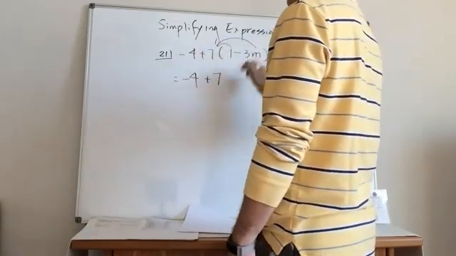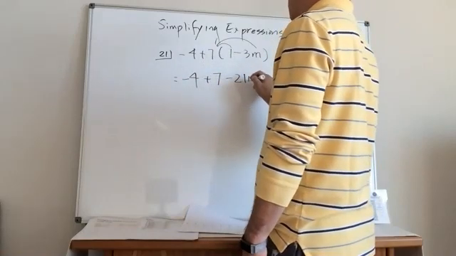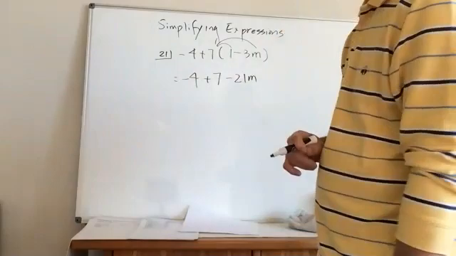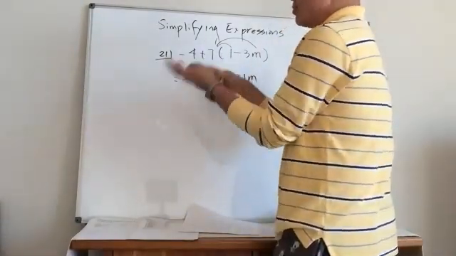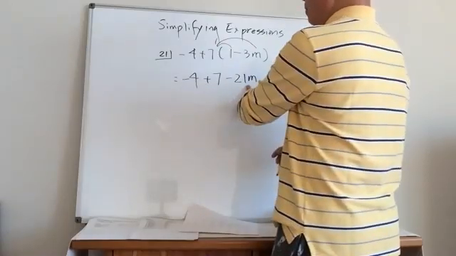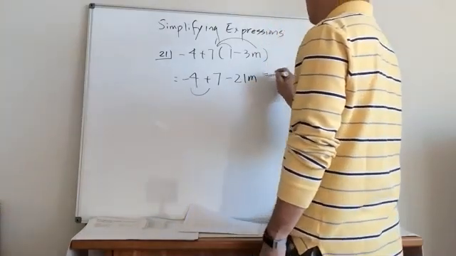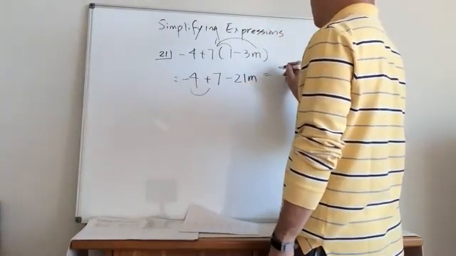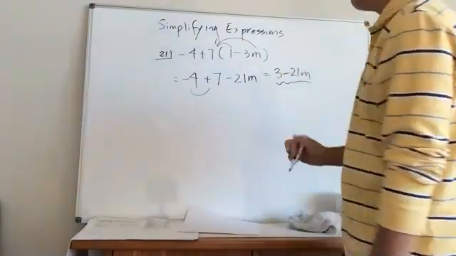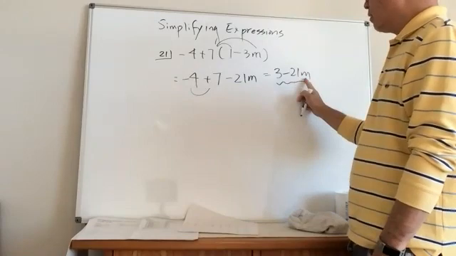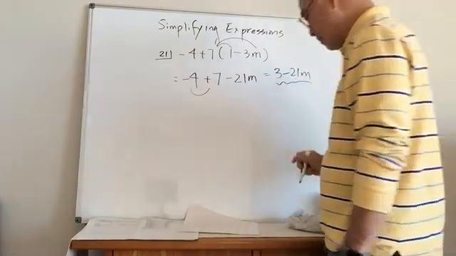I'm going to do 7 times -3m, so it'll be -21m. Now I can combine it, right? Now it becomes like the ones that I was doing before. This one has an m, these two not, so I can combine these two together. -4 plus 7 is 3, minus 21m, and I'm done because I have an m here, no m's here. I cannot combine these together, okay?